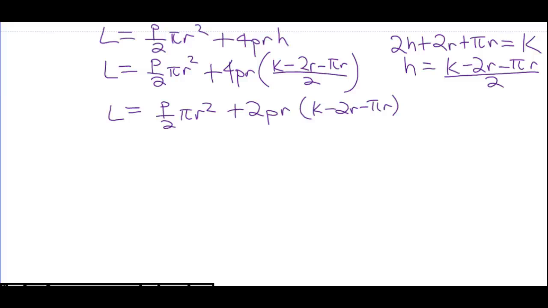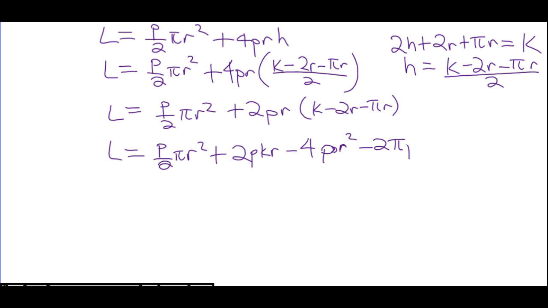Like all of a sudden they're gone and there's 2 brackets and now you're multiplying and things get pretty bad actually at that point. Let's expand. Plus 2PKR minus 2PR squared. Oh, that's a 4, sorry. Minus 4PR squared minus 2 pi PR squared.